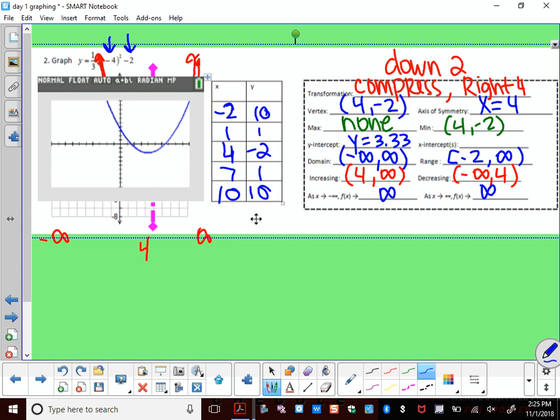Looks like 1/2 and 5/2, 1, 2, 3, 4, 5, 6. So my x-intercepts are 1.5 and 6.5. If you just round that, make sure it's within range. If you wrote 10, clearly that's not it. But if you wrote 5 or 6 or 7, I would give it to you. Any question on that one?